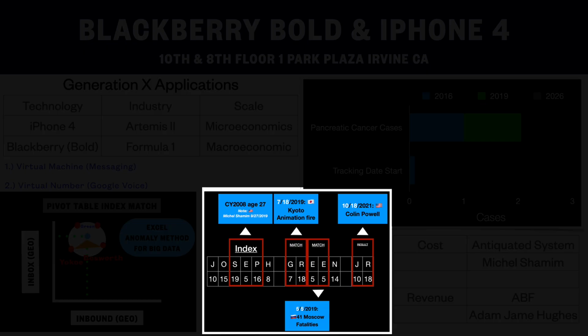And if you can see in Joseph, the index, it looks like September. However, the numbers don't match anything I am familiar with, but the logic is Excel and it makes sense.